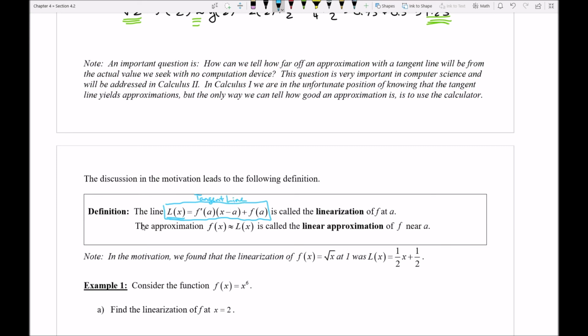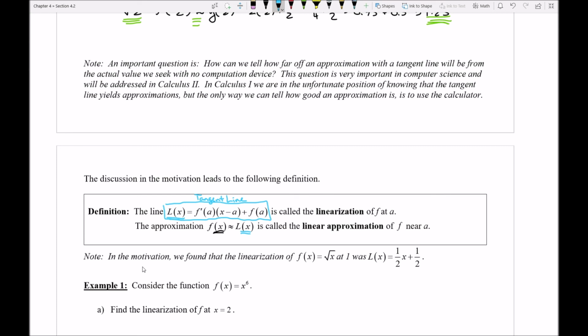And so we're going to say that we can call a tangent line in this section a linearization of our function at a point. A tangent line is a linearization. And when we make the comparison that says our black function f of x is roughly looking the same as our tangent line, we call that a linear approximation of the function at a particular point.